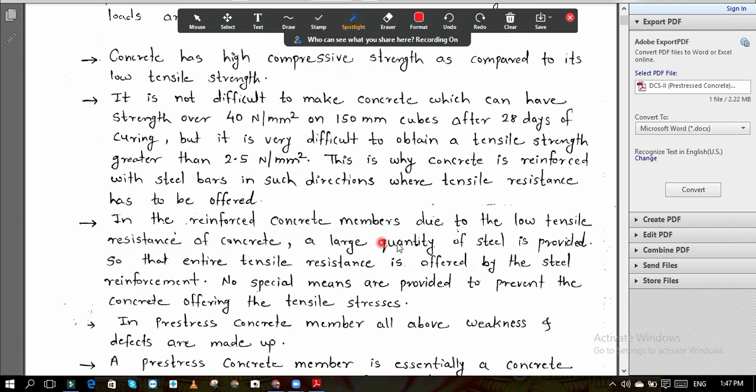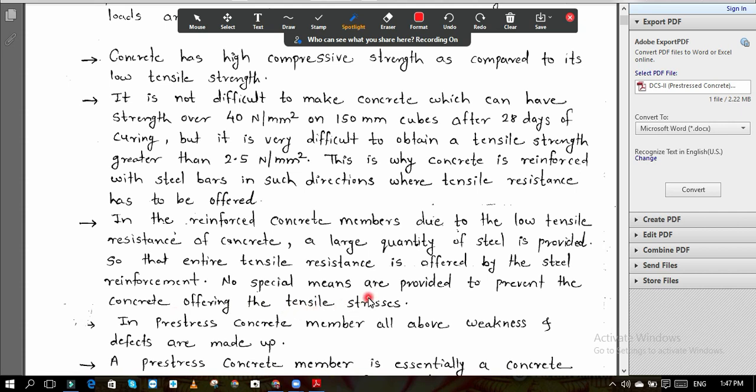In reinforced concrete members, due to the low tensile resistance of concrete, a large quantity of steel is provided so that the entire tensile resistance is offered by the steel reinforcement. No special means are provided to prevent the concrete from offering tensile stresses.